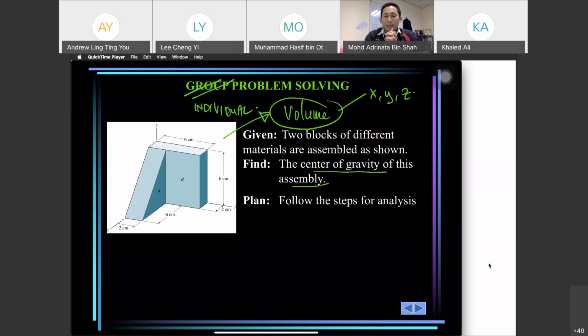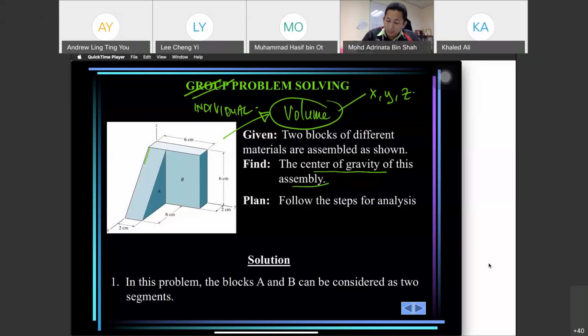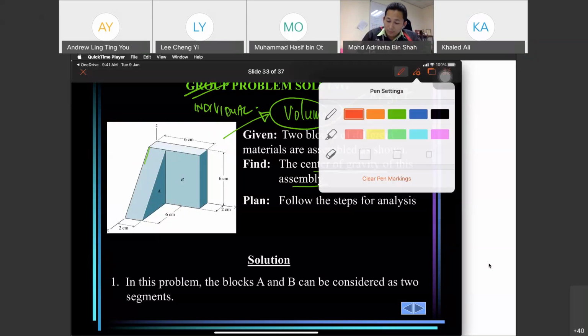Sometimes and always you need to imagine. You need your imagination so that you can cut a through section. Let's say in these questions, you have part A and part B, but sometimes there are somebody that cannot imagine.